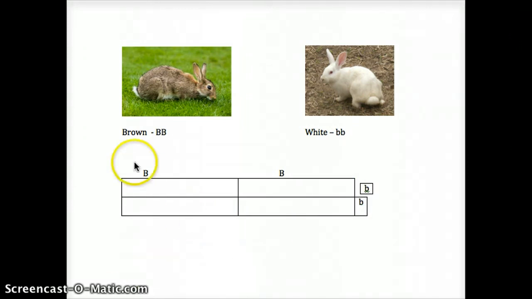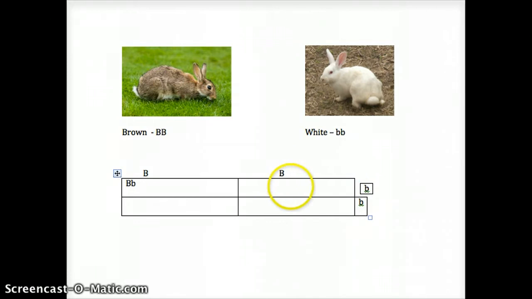So now that we have the brown bunny's alleles, big B and big B, at the top of each column, and we have the white bunny's recessive alleles, little b and little b, to the right of the columns, we then do what is kind of like a multiplication. We take the big B and the little b, and we get the two alleles, big B and little b.